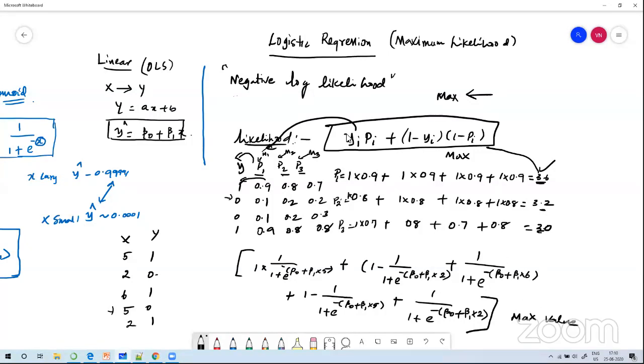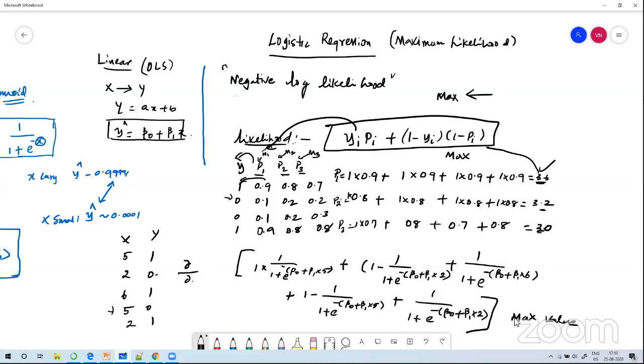Because we want to maximize this. The one that gives the maximum value is the best representation of y. So yesterday we did minimization for ordinary least squares. Today we are going to do the maximization for the log likelihood. For doing maximization, you need to take the partial derivatives.